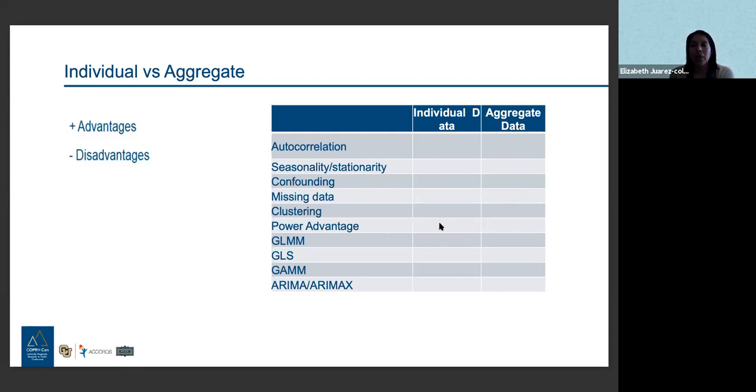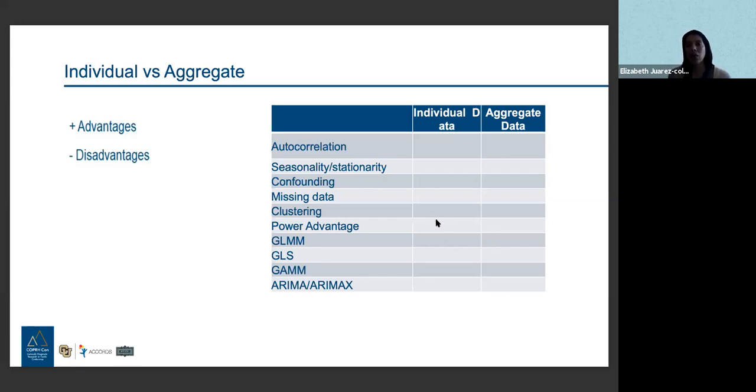Power, there could be more power for individual data in general, because for aggregate data, you might only have, again, say the proportion or the rate across different time points.